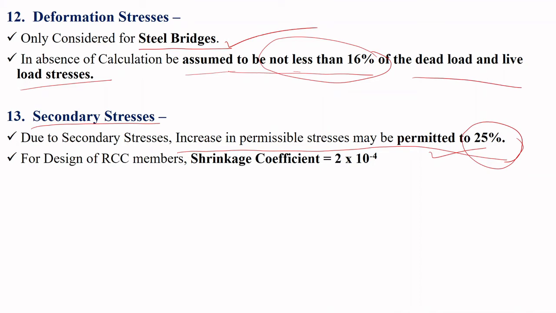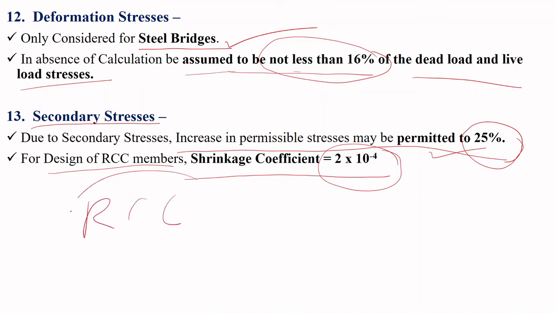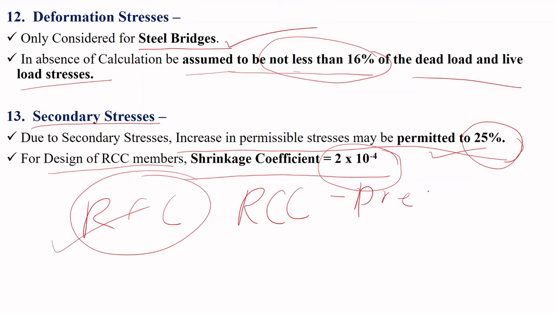This value is important. In design of an RCC member, the shrinkage coefficient is 2 into 10 to the power minus 4. We have seen this value in the RCC. For those who have not studied it, in prestressed concrete, in a pre-tensioned member, we take the shrinkage coefficient as 3 into 10 to the power minus 4.